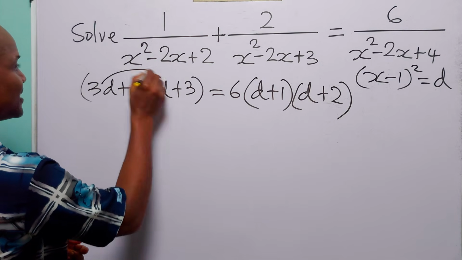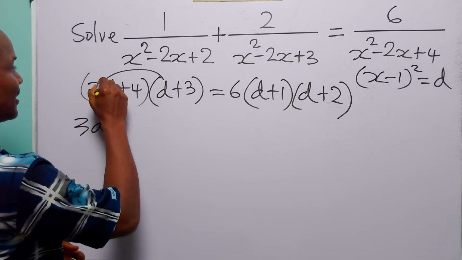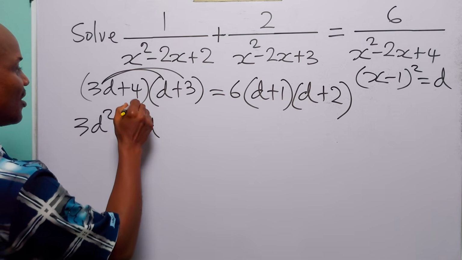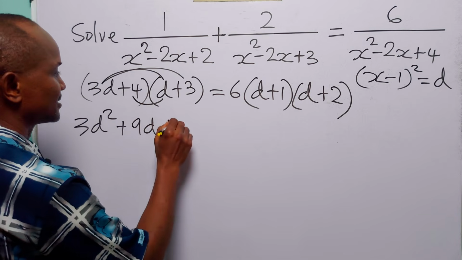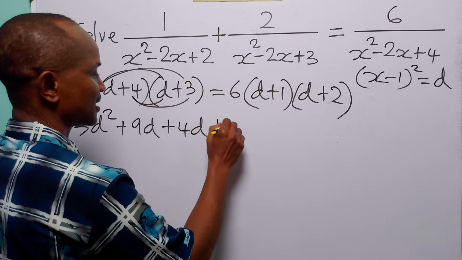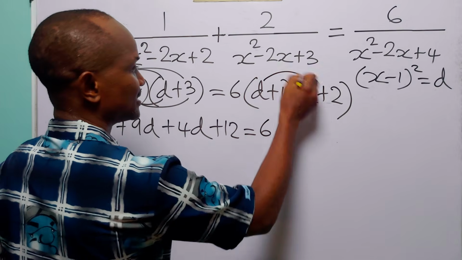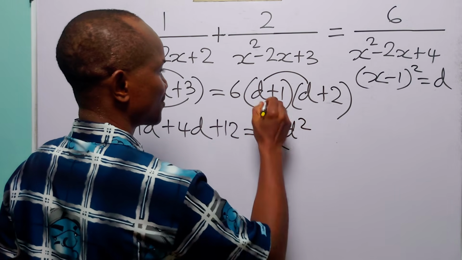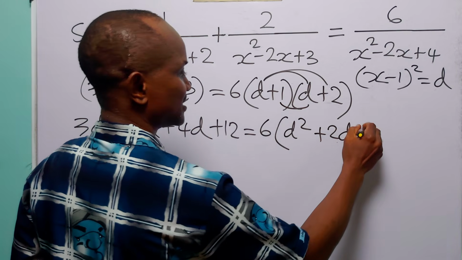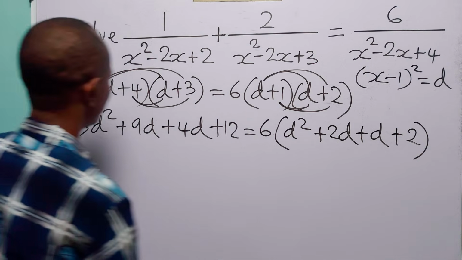Expanding this, we have 3d times d, that is 3d squared. 3d times 3, that is 9d. 4 times d, that is 4d. 4 times 3, that is 12. And this is equal to 6 times d times d, which is d squared. d times 2 is 2d. 1 times d is d. And 1 times 2 is 2.